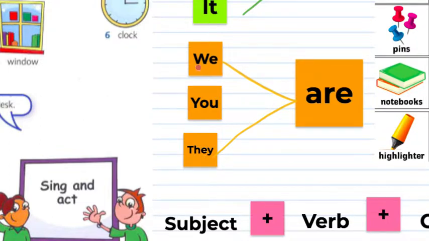Por ejemplo, we say nosotros somos, we are, and we say tú eres. In English, you can say, you are. Si tú quieres decir ellos son, in English it will be they are.